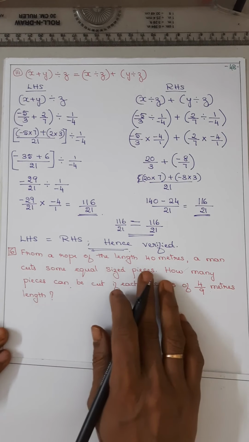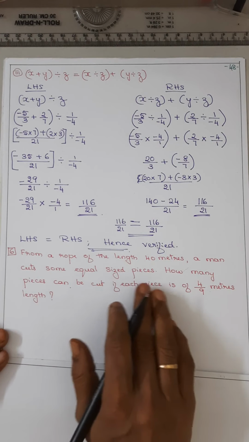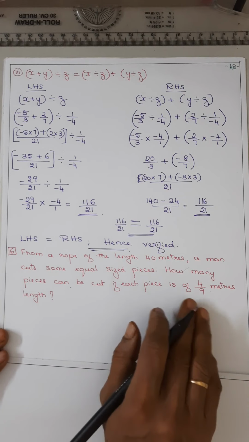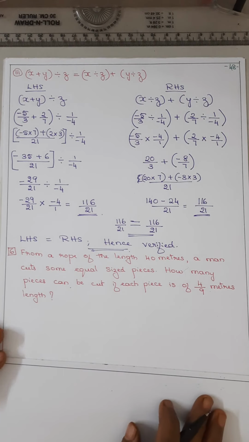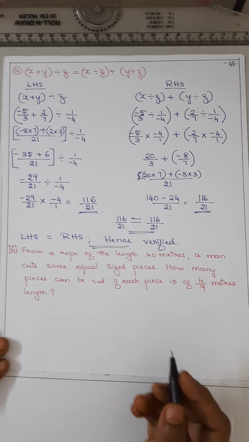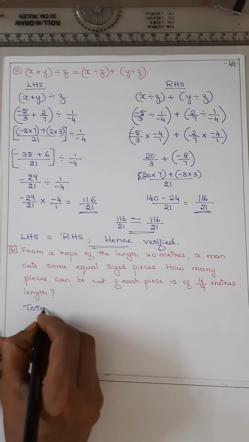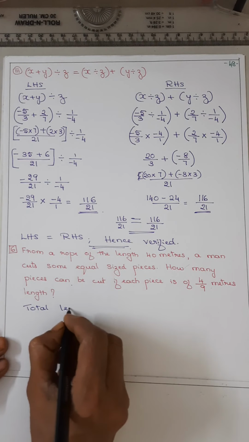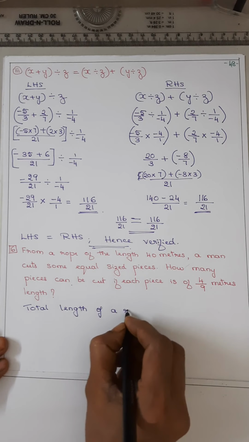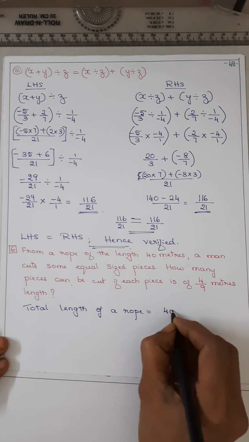From a rope of length 40 meters, a man cut some equal sized pieces. How many pieces can be cut if each piece is of 4 by 9 meters length? So in lower classes you have done this type of sums. So total length of the rope, how much is given? 40 meters.